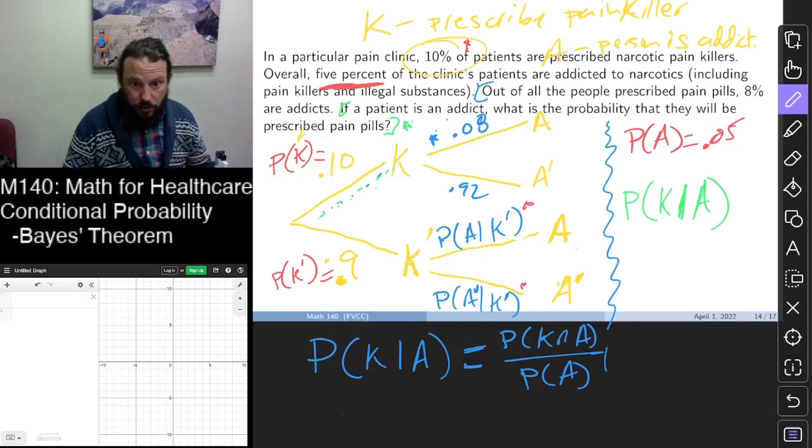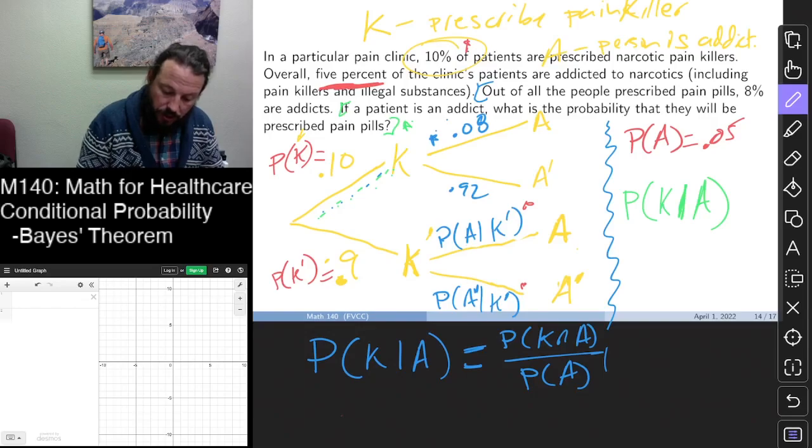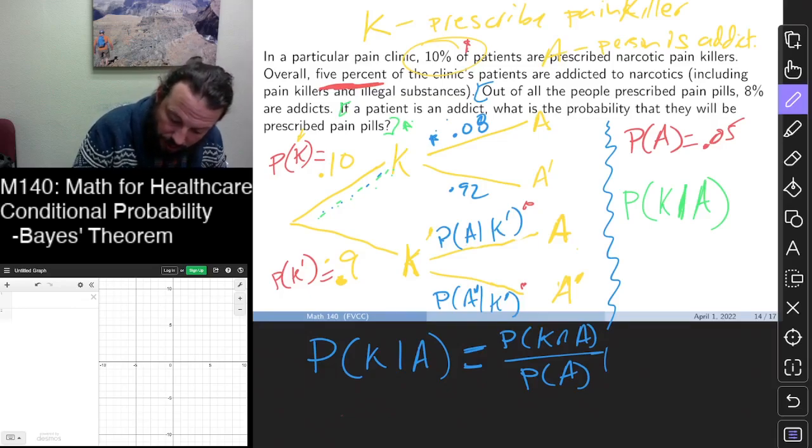That's why it's the probability of A down there. And notice, we don't quite have those numbers. We have the probability of A. How about the intersection?